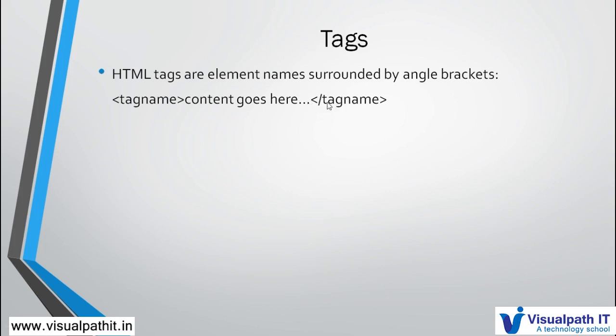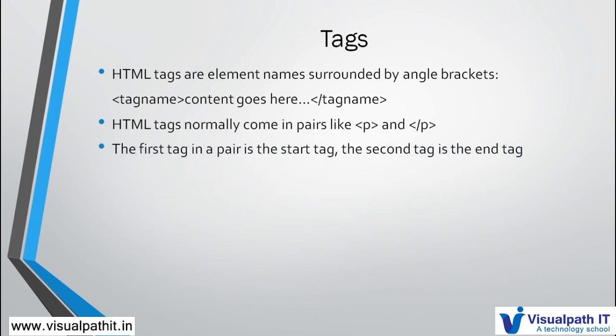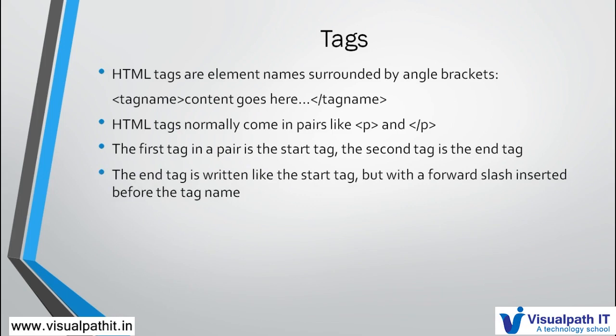Then you need to close the tag you just started, with a forward slash. HTML tags normally come in pairs, like the p tag, which is opened and closed. The first tag in a pair is the start tag and the second tag is the end tag. The end tag is written like the start tag, but with a forward slash before the tag name.